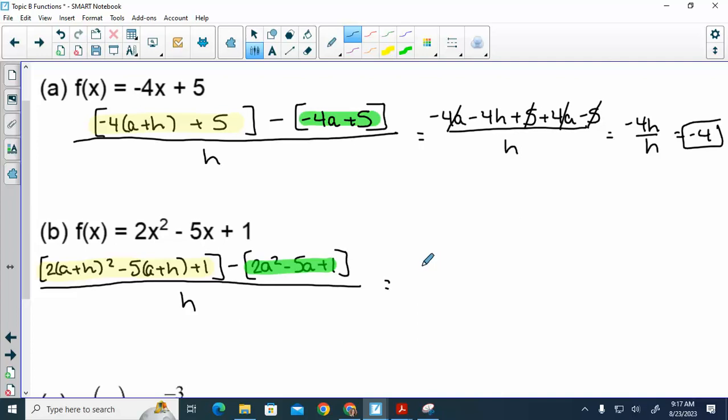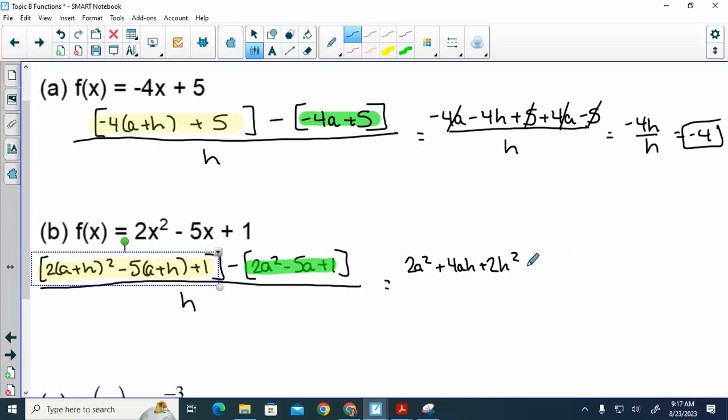This is where it's kind of up to you how much work you want to show. Am I going to lose you guys if I distribute my 2 and square that a plus h at the same time? So I know if I take my a plus h times a plus h, I get a squared. So if I distribute the 2, that's 2a squared. I would have plus 2ah, that would turn into 4ah and 2h squared. Does everyone know where I got that? I can show more if I need to.